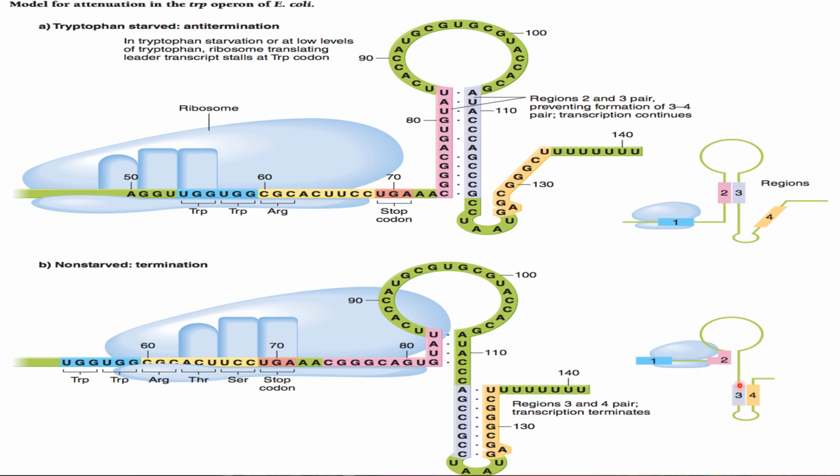So segment 3 will be available to make a hairpin loop-like structure with segment number 4, followed by the poly-U sequence. Now this is the transcription termination site, and so the RNA polymerase will stop transcribing the structural genes, and so the enzymes responsible for tryptophan biosynthesis will not be produced. So this is how the tryptophan operon system works.